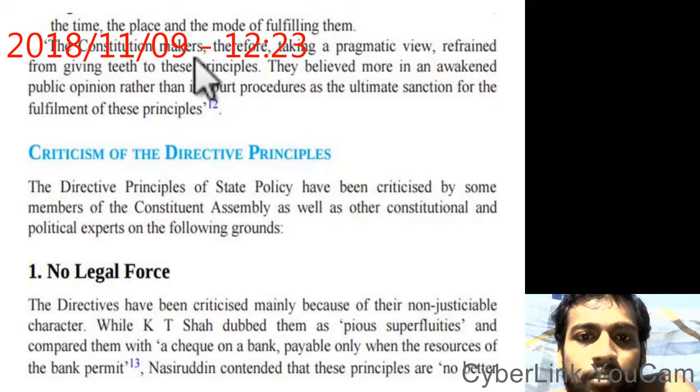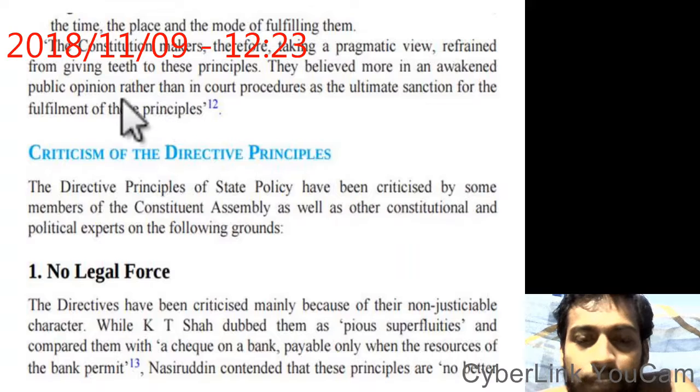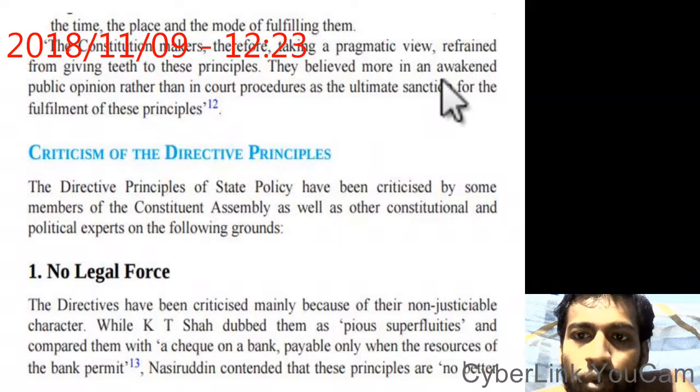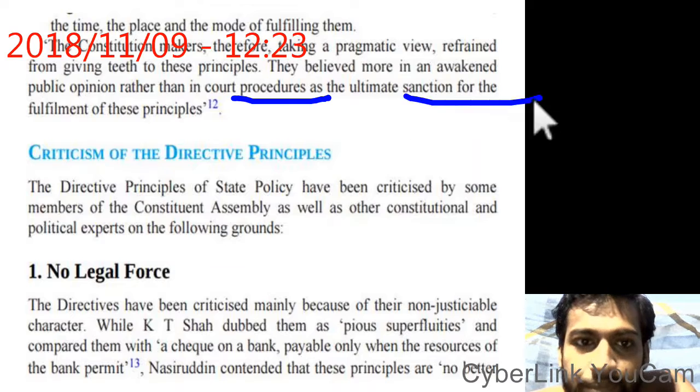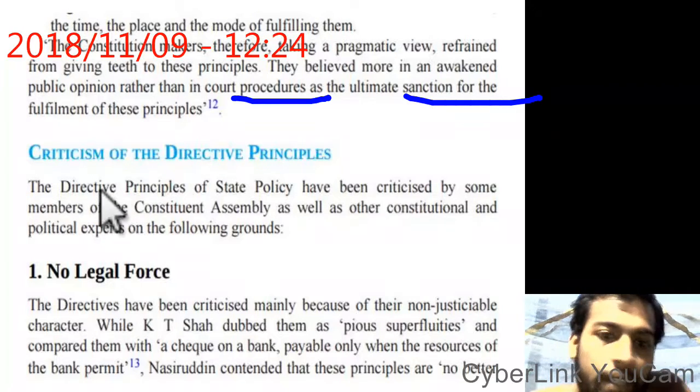The Constitution makers, taking a pragmatic view, refrained from giving teeth to these principles. They believed more in public opinion than in court procedure for fulfillment of the principles.